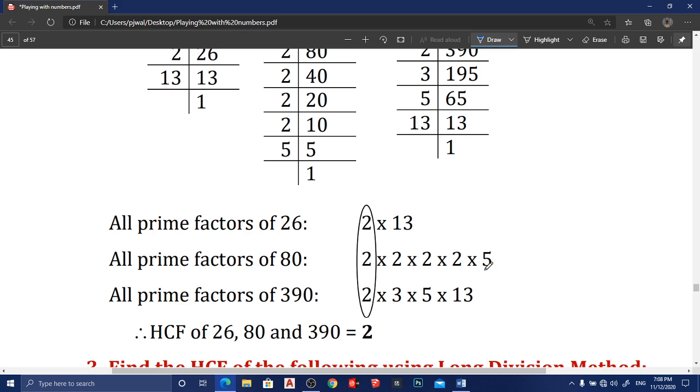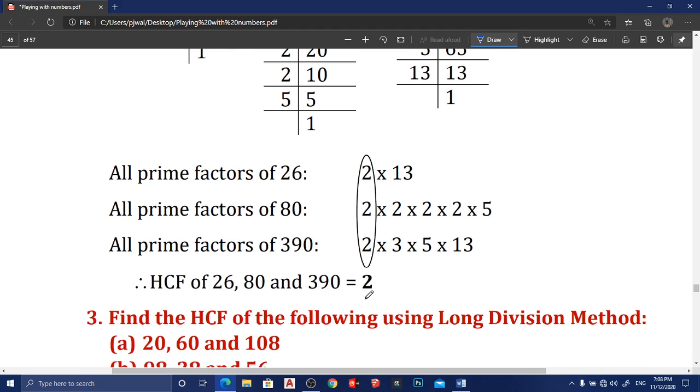Here 5 occurs 2 times and we can take it in LCM, but in the HCF it should be in the lists of all 3 numbers. Only 2 is there commonly in the 3 lists. So 2 is the HCF.